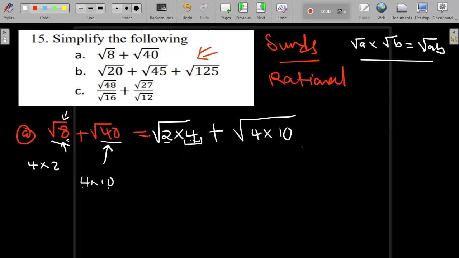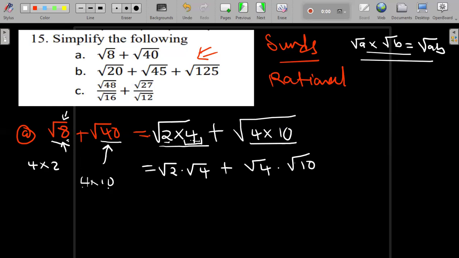So from here, what are we going to have? This is equal to, I can now separate these using this rule. So this is the square root of 2 multiplied by the square root of 4, and then plus, even here I can separate, it will be the square root of 4 multiplied by the square root of 10. So this is what I have.